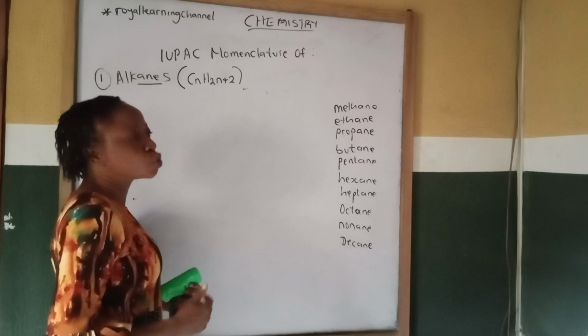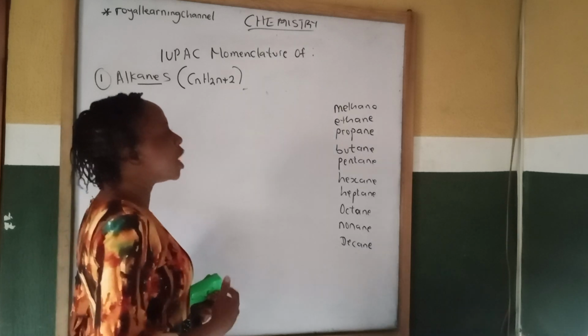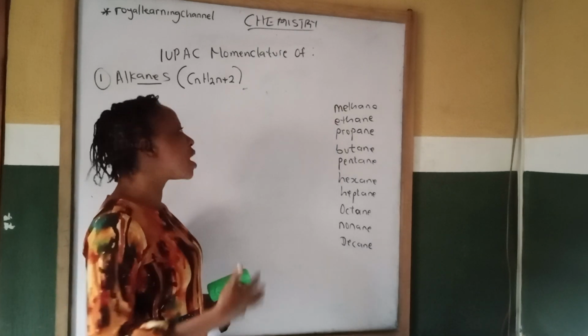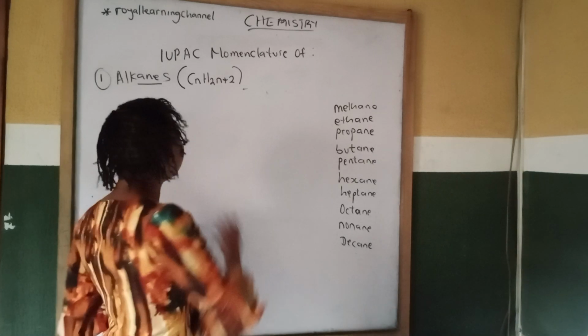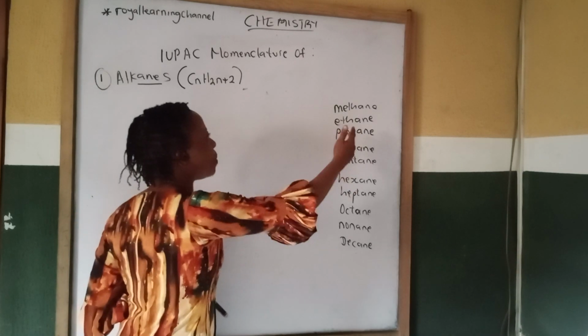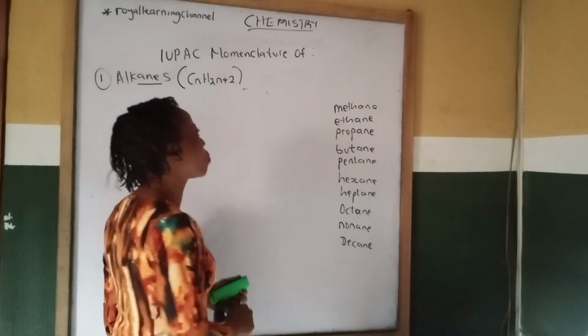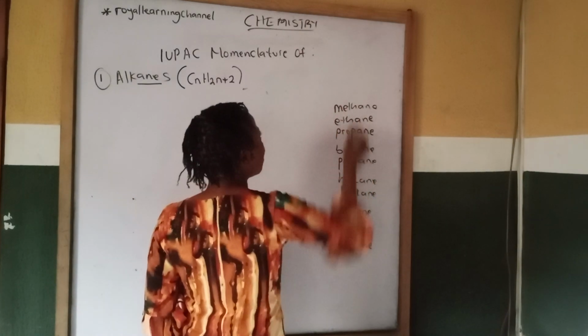Then the next thing you need to understand is the molecular formula for each member of alkane.